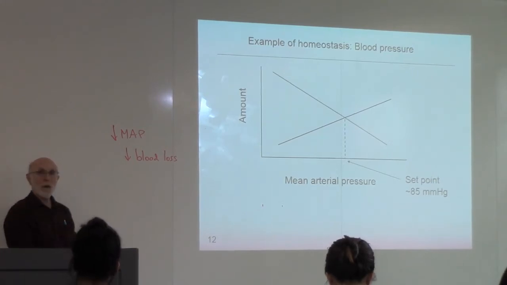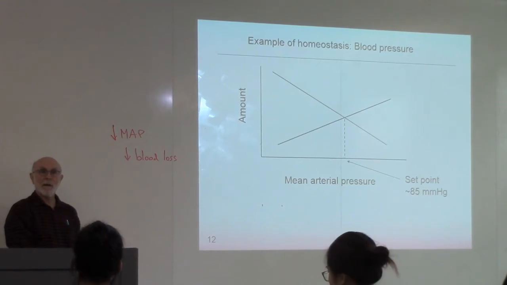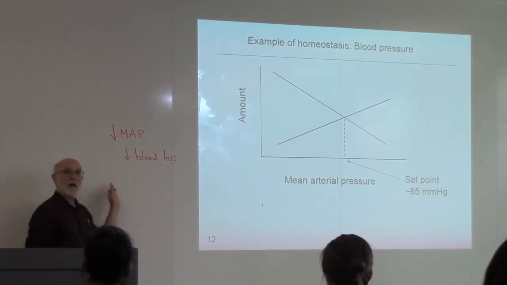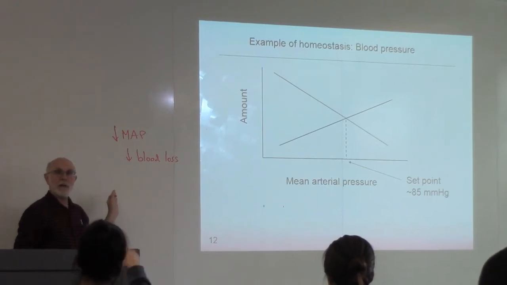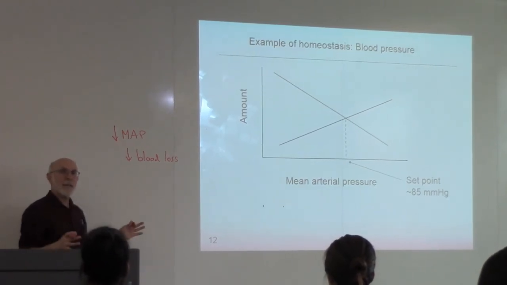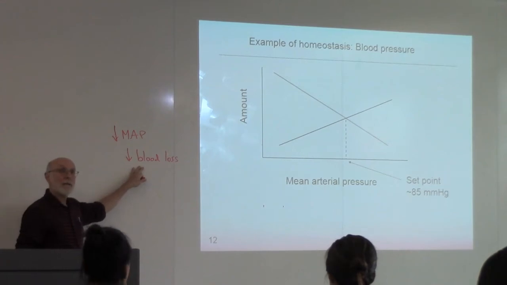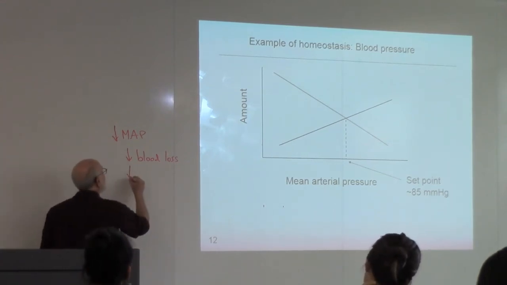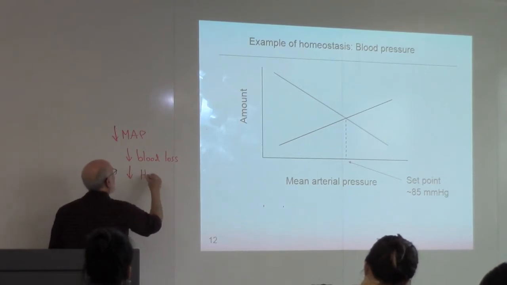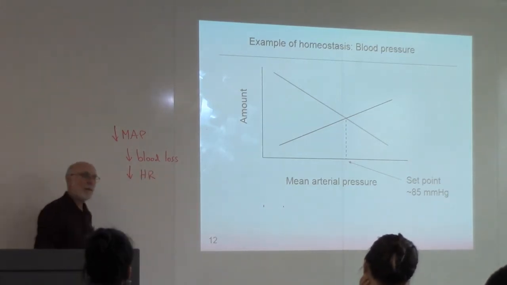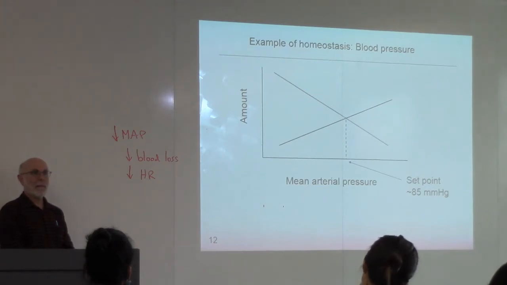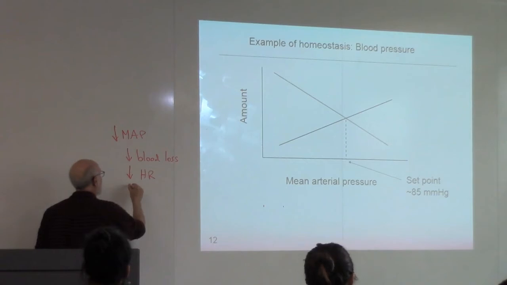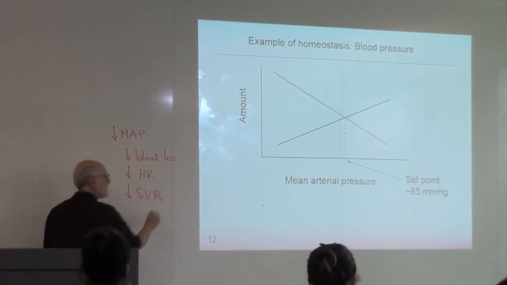Dilation, constriction. So a decrease in mean arterial pressure could be, thinking systemically, blood loss, decreased heart rate, okay, I'll buy it. Decreased systemic vascular resistance.